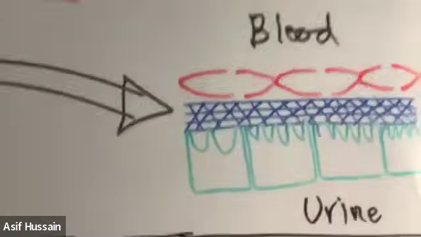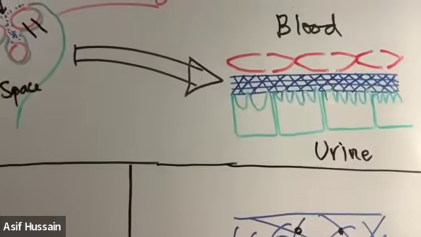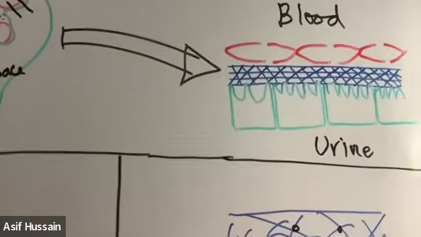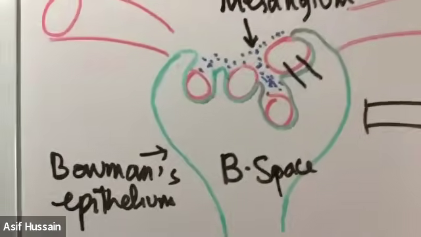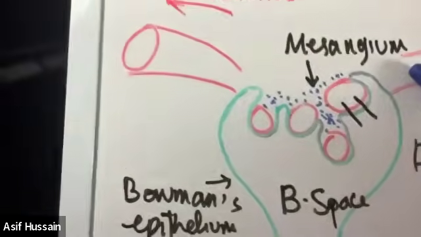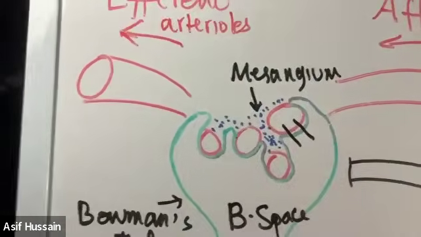For one of the three layers to be damaged, remember, going back to this picture, the endothelium is in contact with the blood. So the capillary endothelium can be damaged by chronic hypertension. Remember, at the beginning of the capillary, from the arterioles to the capillary, there is usually a pre-capillary sphincter.